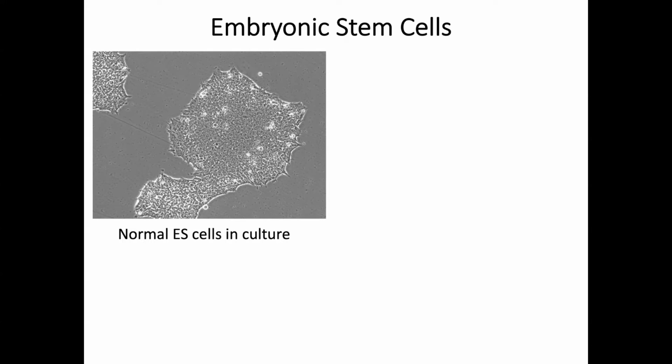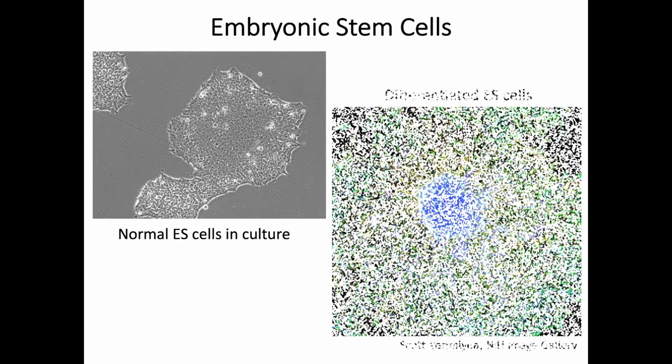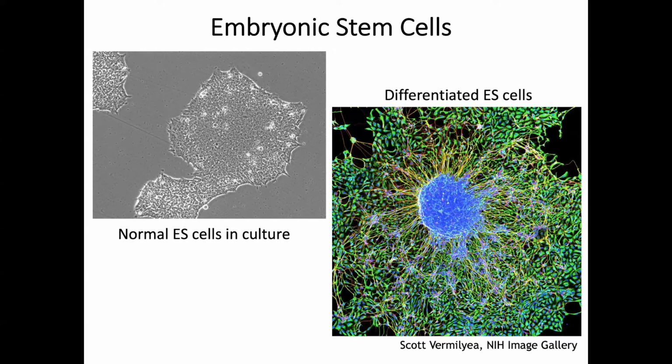Their culture conditions are very stringent. So if you don't use the appropriate culture media, or you don't change the media on time, the ES cells can quickly differentiate. And here shows a picture of what the differentiated ES cells look like, okay?